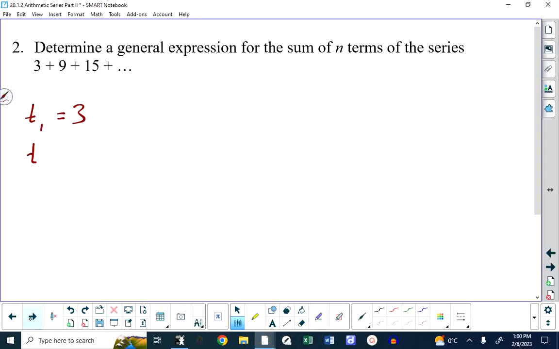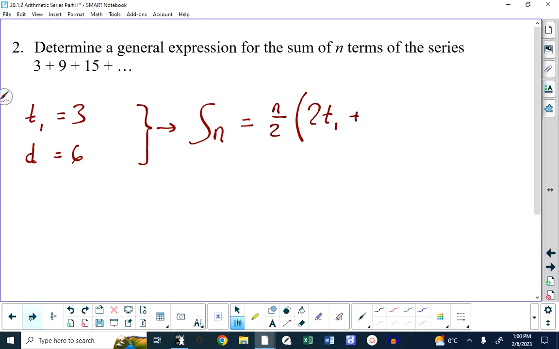You know the common difference is 6. Am I right? So we can put those two parameters into my general formula for the sum. Not my general formula for a term, but for the sum. n over 2, 2t1 plus (n minus 1) times d.